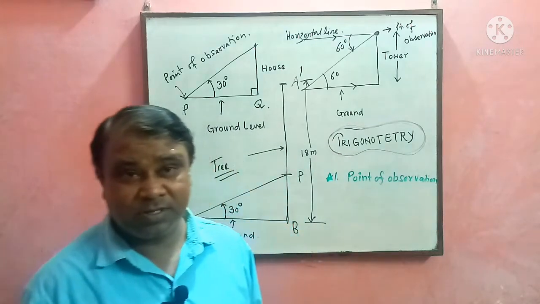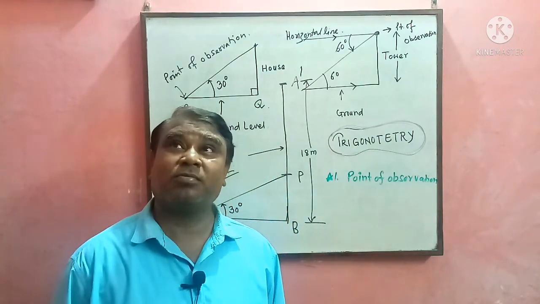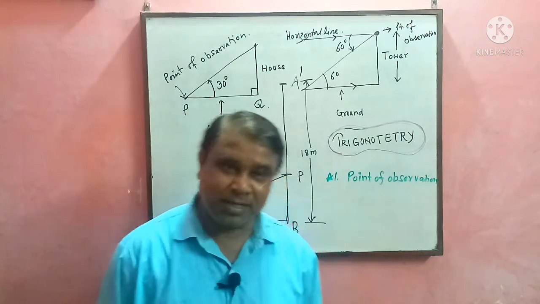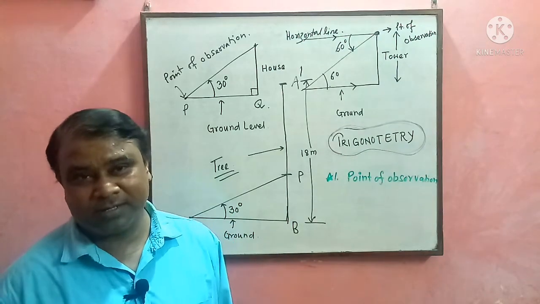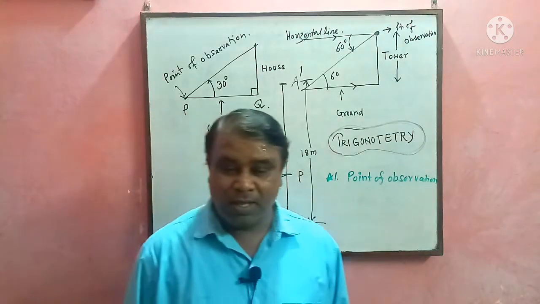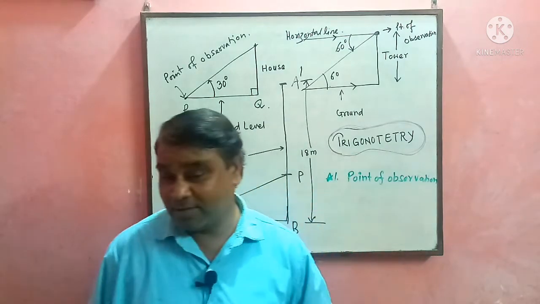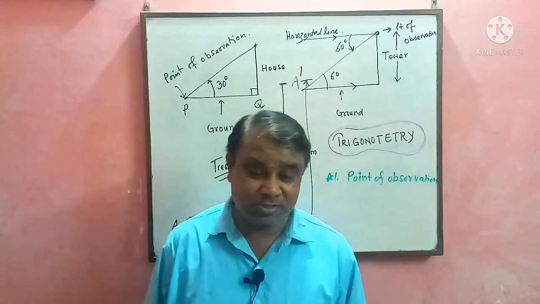Like sometimes we raise our eyes, head to see the things which are higher than our height. And the things which are below our height, we go down our head and our eyes fall downwards.